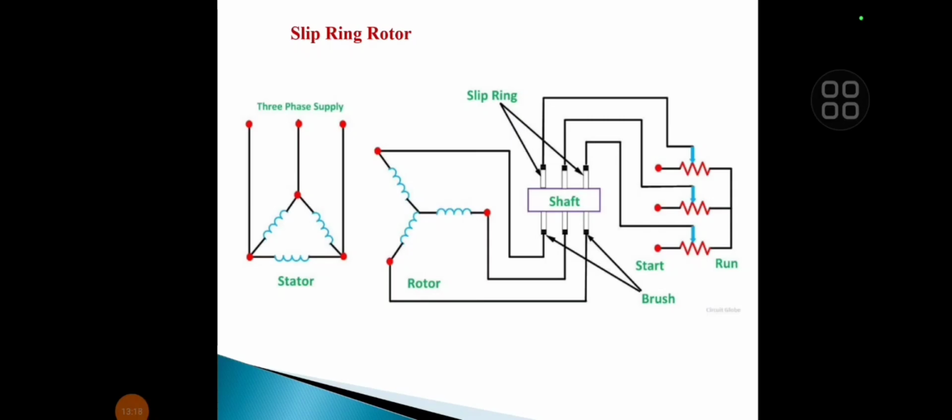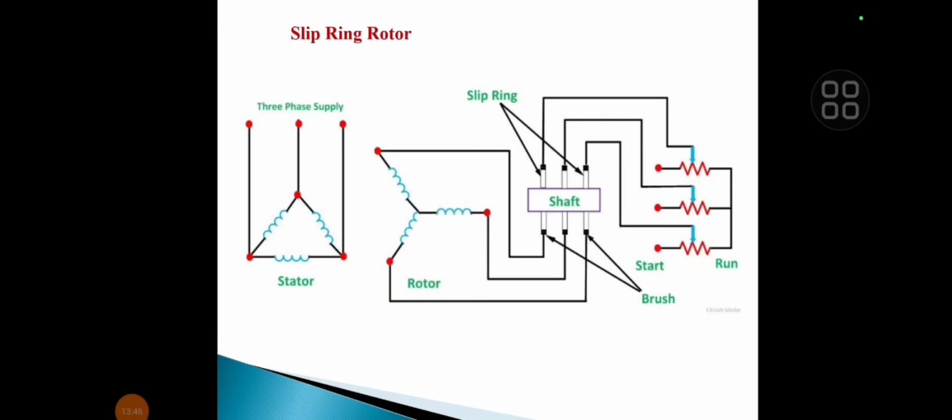These three terminals are connected to the variable resistance. When we vary the external resistance we can control the current of the rotor, and because of this current we can control the torque of the slip ring motor.